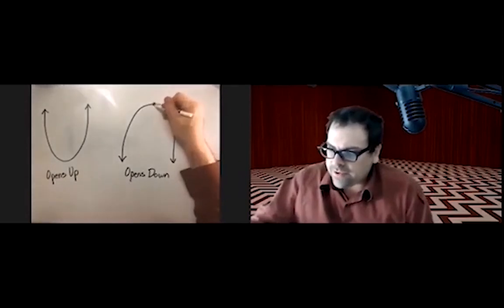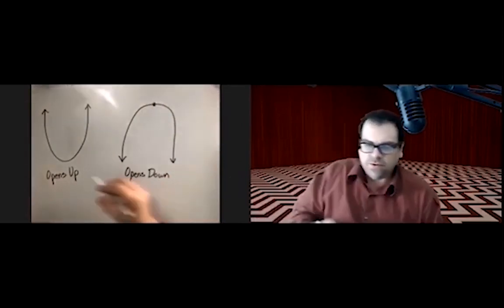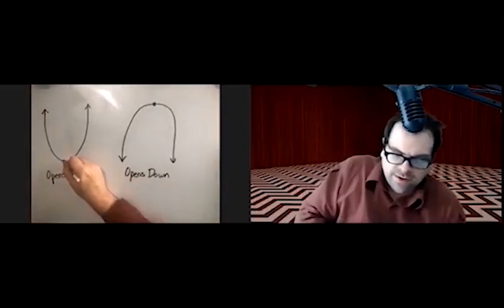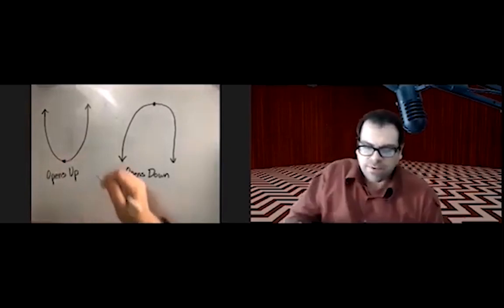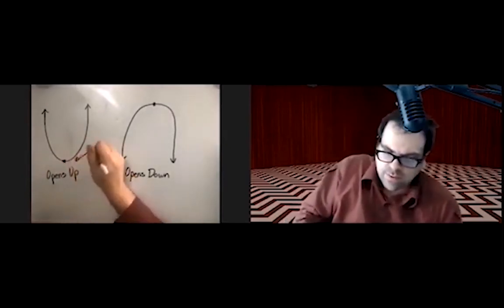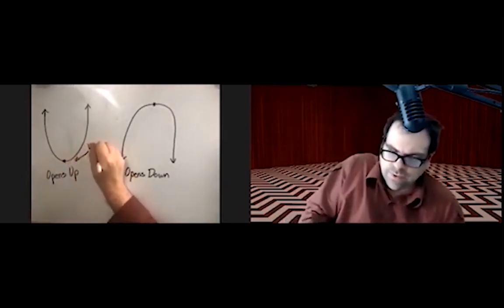The point all the way at the top for one that opens down, or the point all the way at the bottom for the one that opens up, that's called the vertex point.